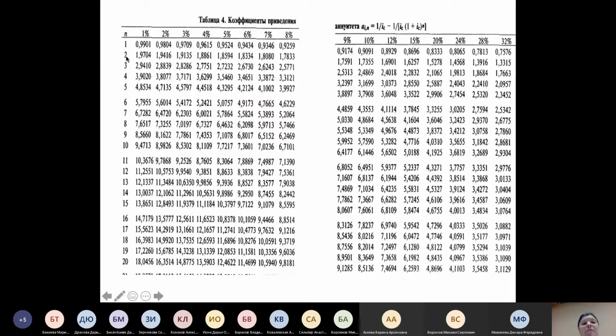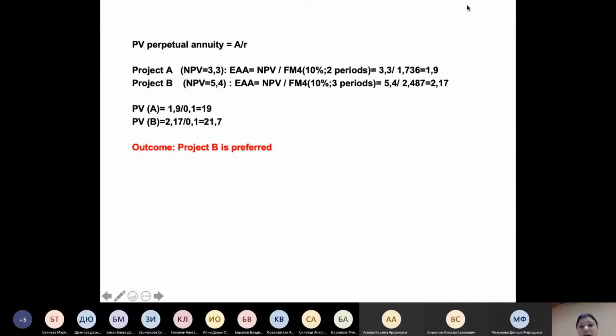So it will be 3.3 divided by 2 periods and 10% divided by 1.73. As for our project B, the net present value of project B equals 5.4.